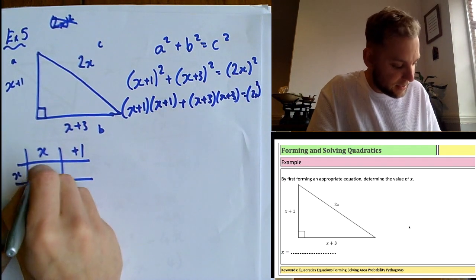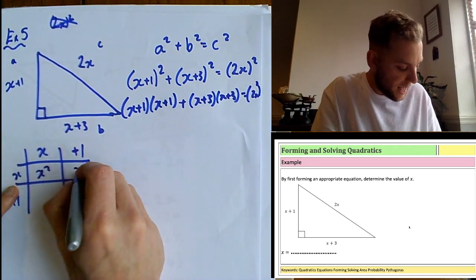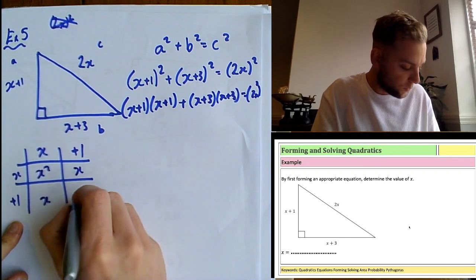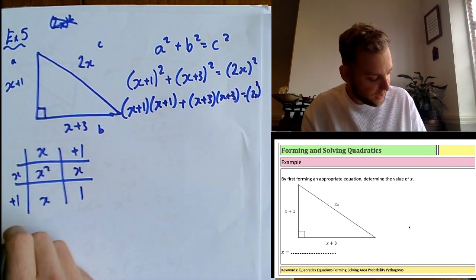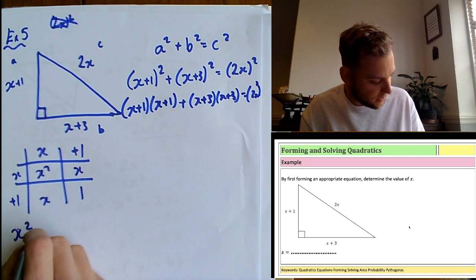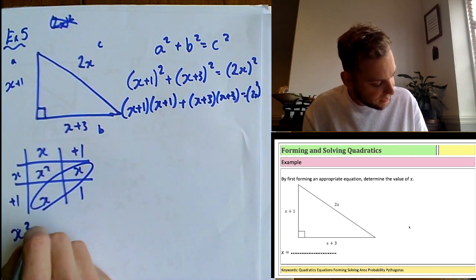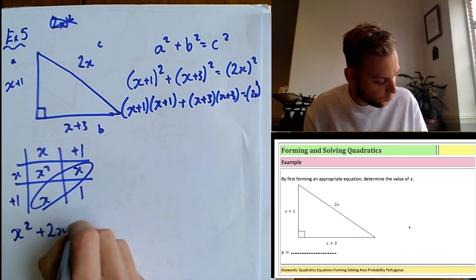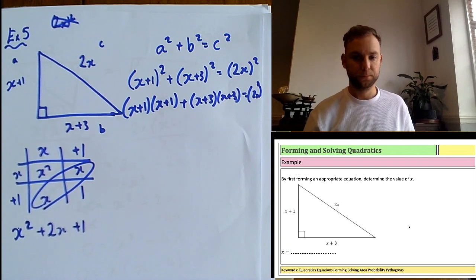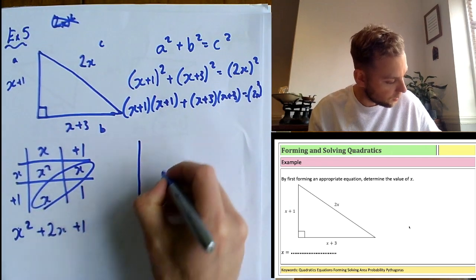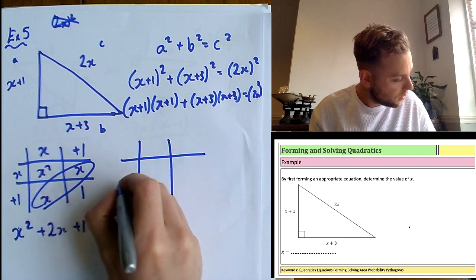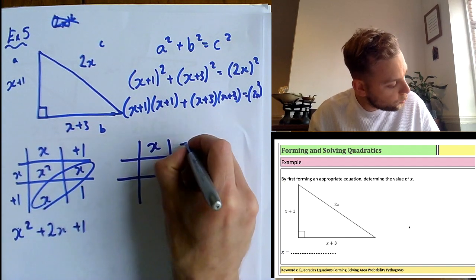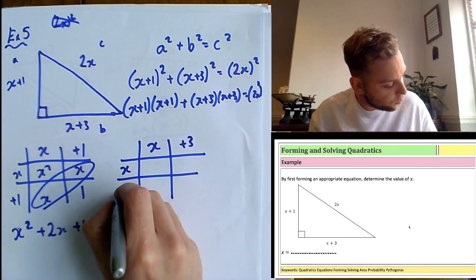So x times x is x squared, x times 1 is x, 1 times x is x, 1 times 1 is 1. Bring these together, I end up with x squared, x plus x is equal to 2x, plus the 1 there, like so. This one here, the next one, is x plus 3 and x plus 3.